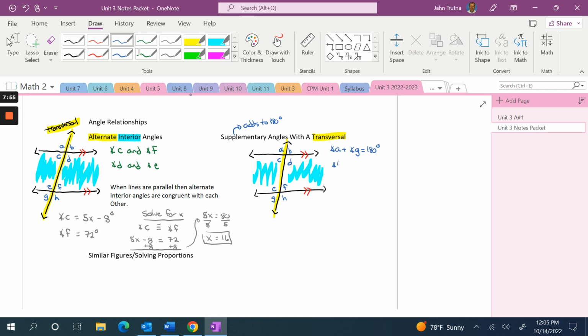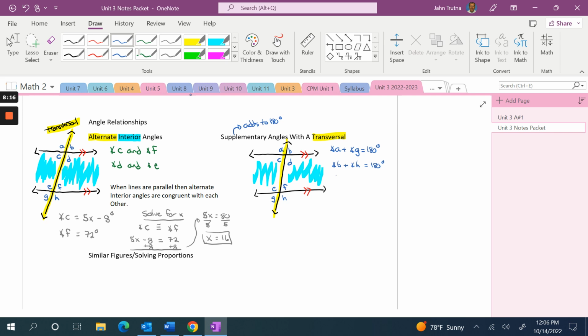So angle B plus angle H would add up together to equal 180 degrees. If they're on the same side of the transversal, but they're both on the exterior of the parallel lines, then that makes them supplementary, adding up to 180.